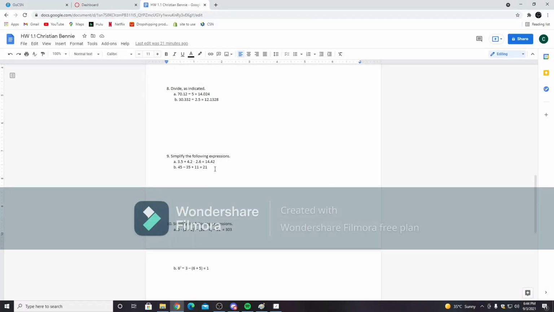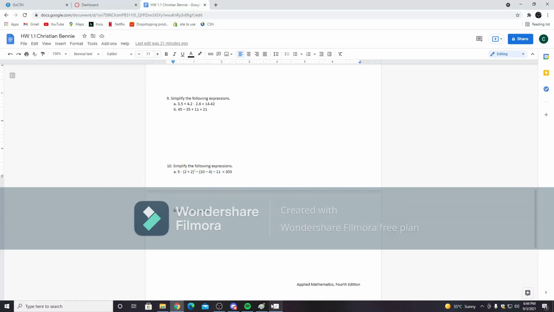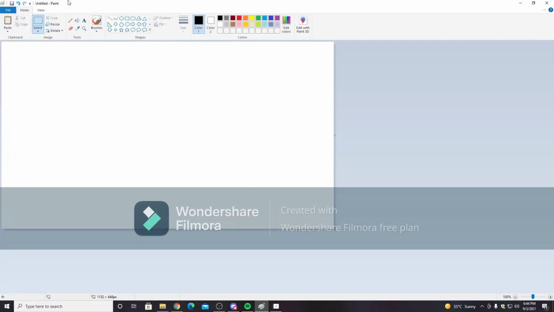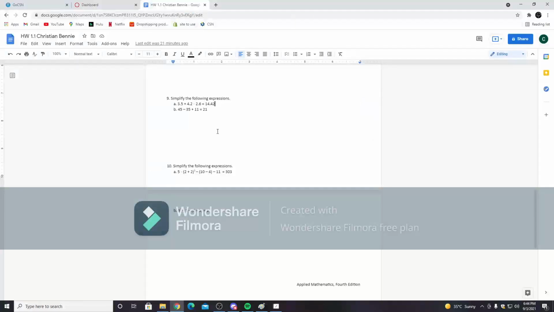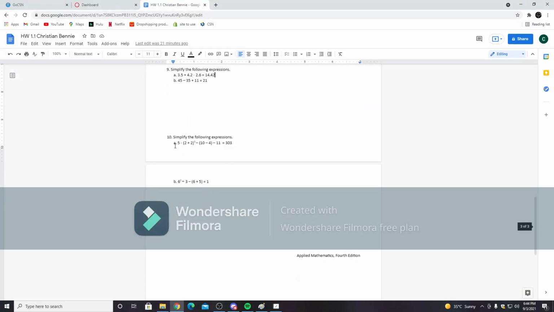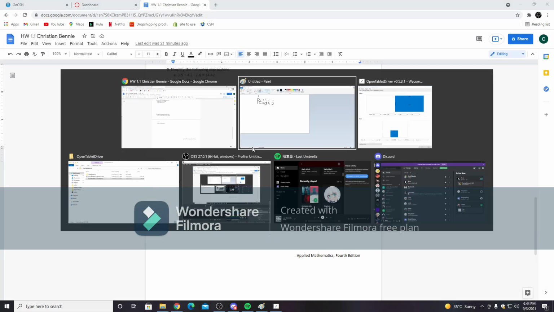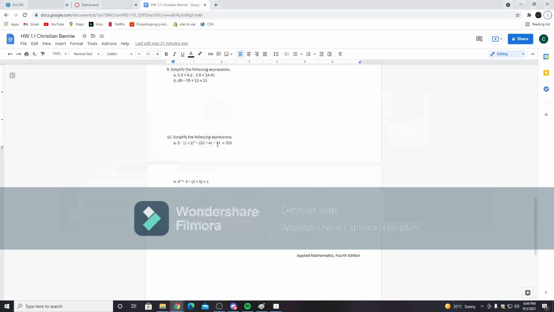So simplifying is pretty much just putting everything together. We use, I think the term is called PEMDAS, which is doing parentheses, exponents, multiplying, dividing, addition, and subtracting in that order. So we'll do A, because that I think has all of them.